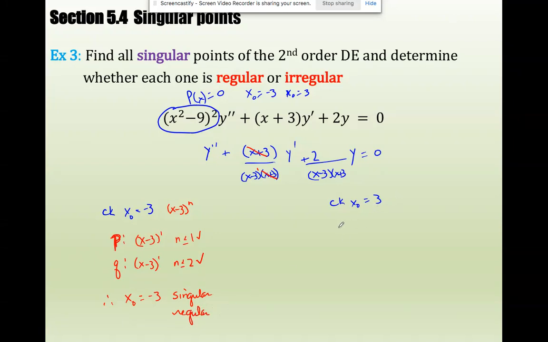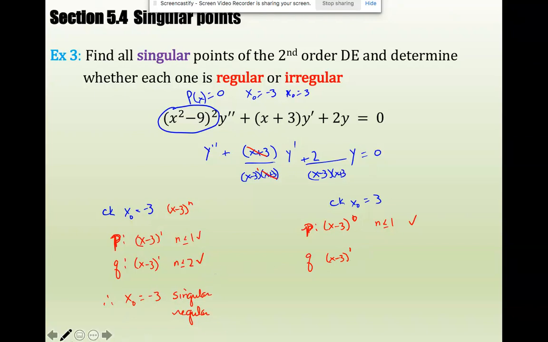Yay. How about 3? Right? Do you see how much faster this is than doing a limit, right? Same situation. X minus 3 is to the first. Whoops, I'm sorry. In P, x plus 3 is to the 0, but n has to be less than or equal to 1, so check. In Q, I do have x minus 3 to the first. Oh.